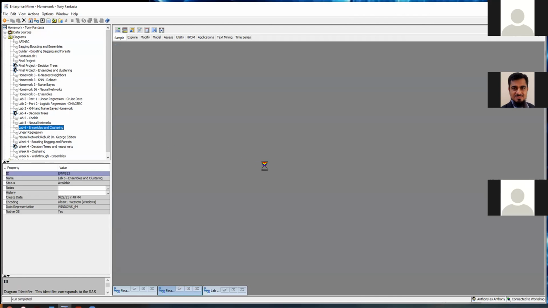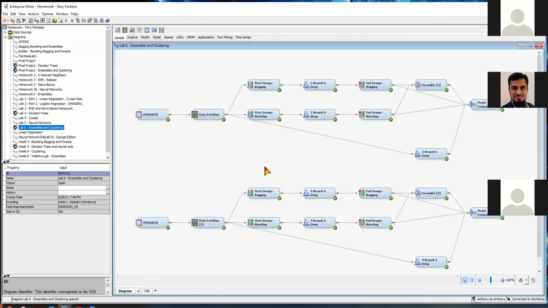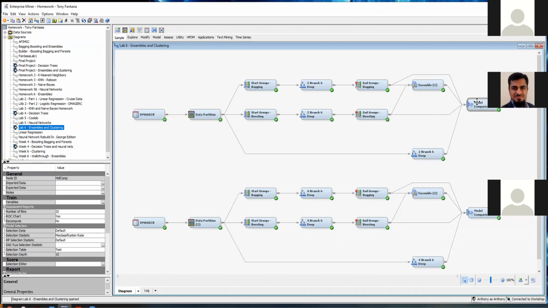Shakil, I got the same as yours. I know a few more people got that. So I don't think the selections are incorrect, in fact. All right, for my model comparison for the top, I'm using misclassification rate and test as my selection table. What else were you asking about, Shaquille? Is it true for everyone?